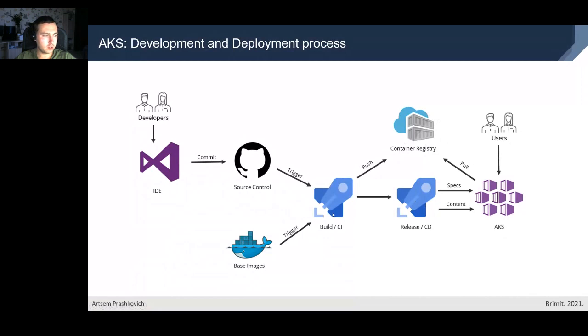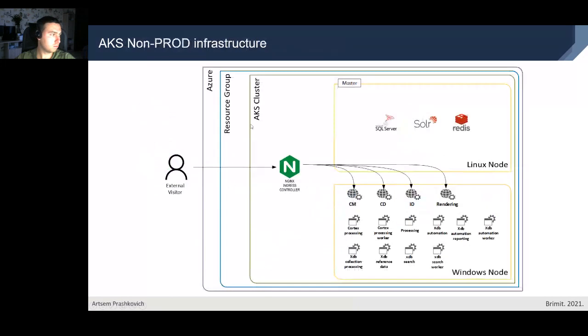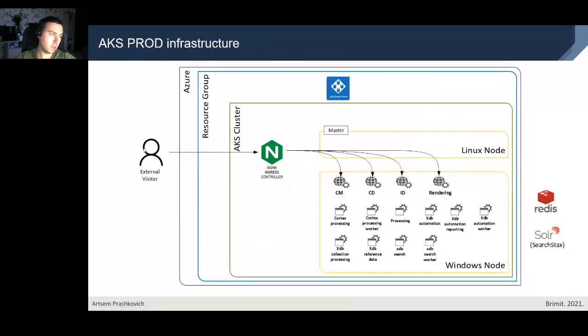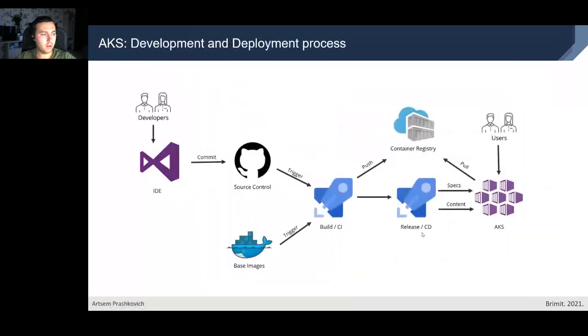When the build is ready, the release or continuous delivery is triggered. It can be triggered automatically, or it can be run manually. When it is run, the release pipeline tells Azure Kubernetes to update its nodes, pods probably.